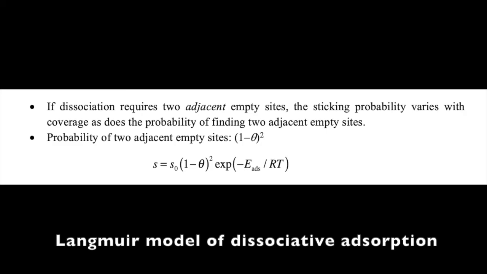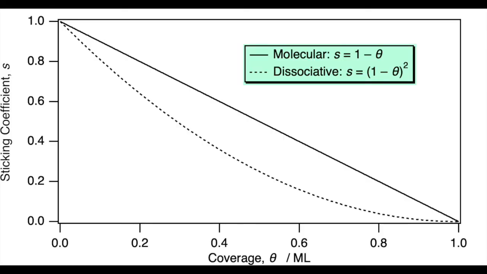Therefore, the sticking coefficient in dissociative adsorption is equal to an initial sticking coefficient on an empty site, the coverage dependence, (1 minus theta) squared, and again, we can allow for an activation barrier with that Arrhenius term. In either case, the sticking coefficient drops monotonically with coverage, either linearly for molecular adsorption or as (1 minus theta) squared for dissociative adsorption.